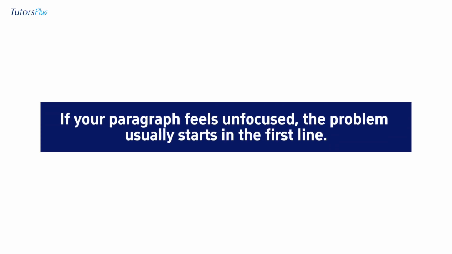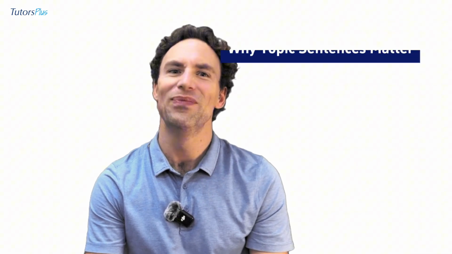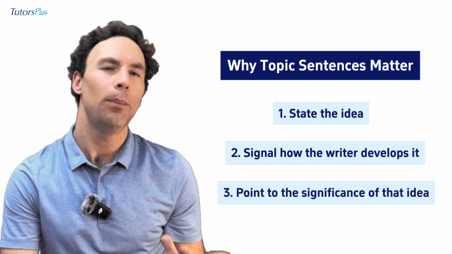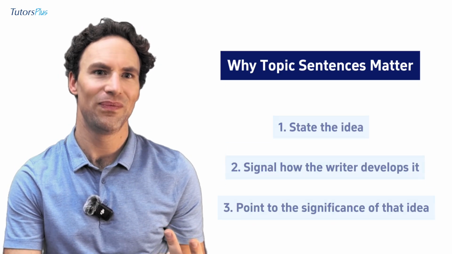So normally, if your paragraph feels unfocused, the problem usually starts in that first line, and that's what we're going to change. A topic sentence doesn't need to be long or complicated. It just needs to do three things: state the idea, signal how the writer develops it, and point to the significance of the idea.